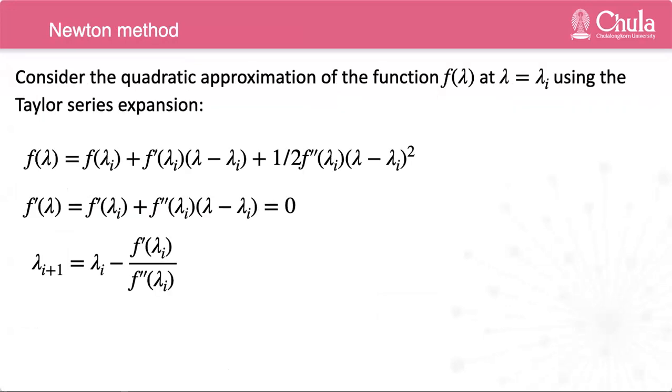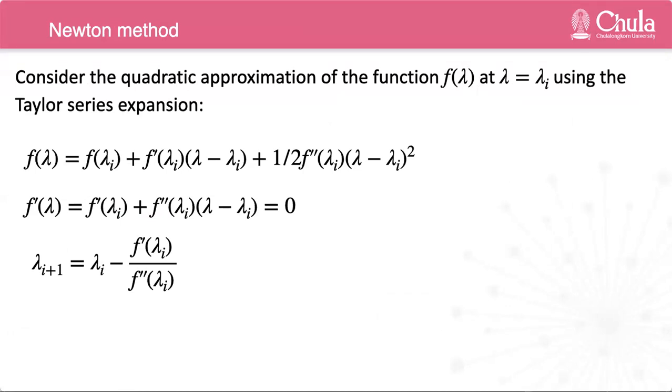Okay, so we move to the next algorithm. The next algorithm is the Newton method. We consider the approximation of the function. Let's say we have objective function f of lambda.